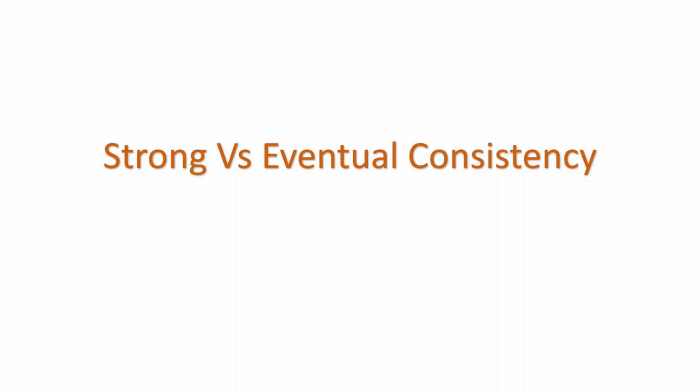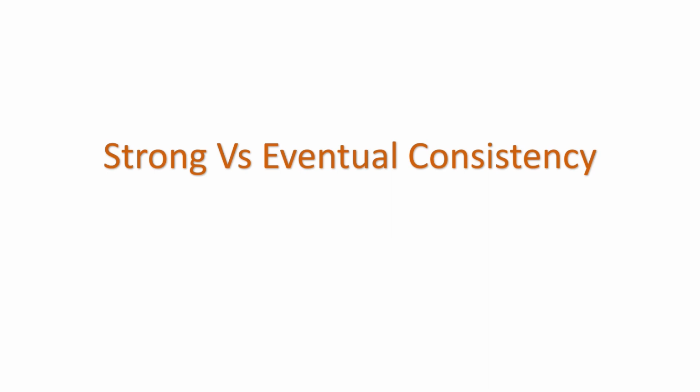In this video, we will discuss strong versus eventual consistency. If you have seen my previous video on the CAP theorem, where I explain in detail that whenever we are designing a system, we might need to make a trade-off between availability and consistency.